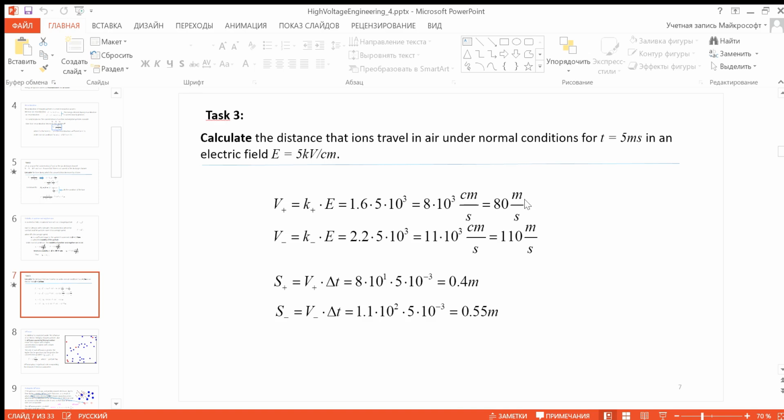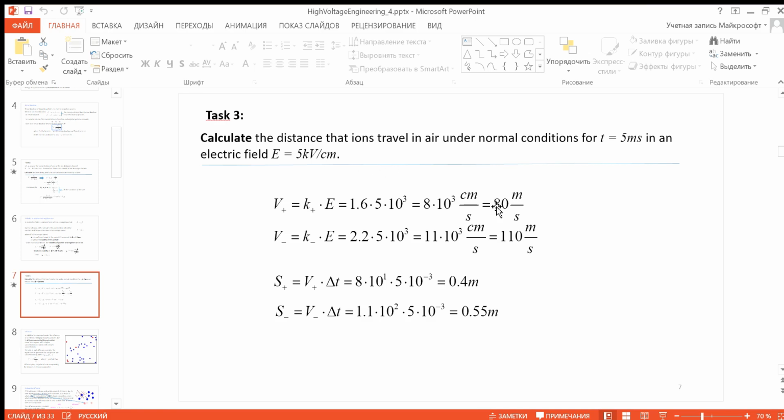Let me remind you that the electrical strength of air under normal conditions is 30 kilovolts per centimeter. So the field strength for which we carried out the calculation is not too large and is quite common in existing electrical installations.